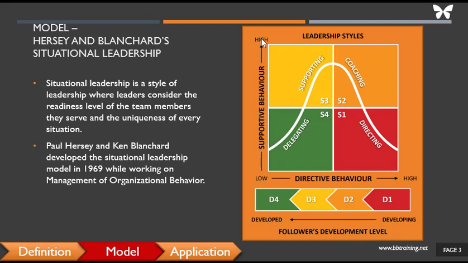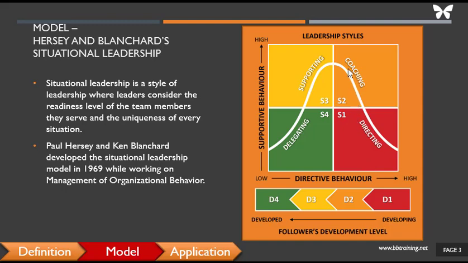And interestingly, the supportive behavior is high here, which means coaching and supporting is where the leader becomes extremely supportive, and the red part where the directing is here, the leader is extremely directive, and in green where delegation is there, the leader has completely left the team member on their own, which means they're capable now, the leader trusts them, and they're capable of delivering results, and hence the leader delegates the task to this person. So what is happening here is, in D1, there is less skill.